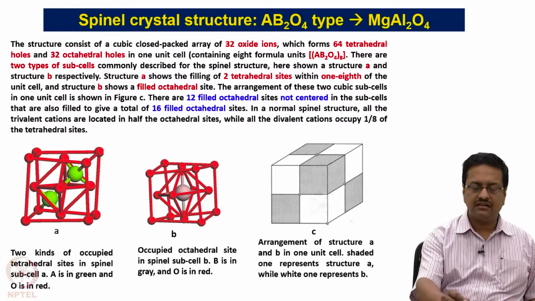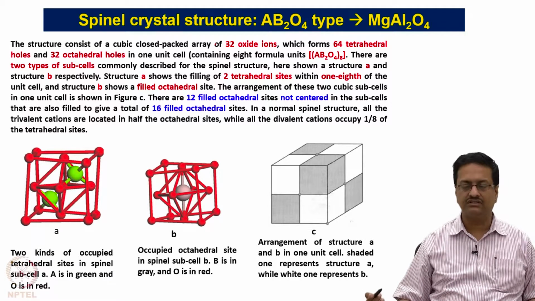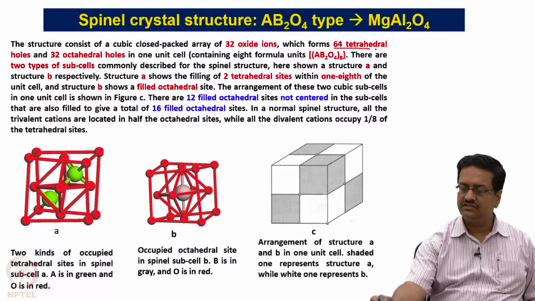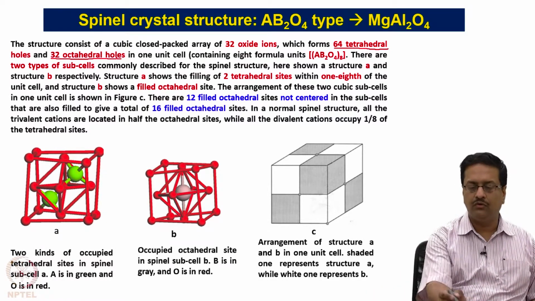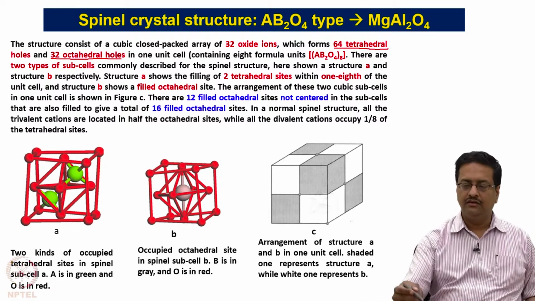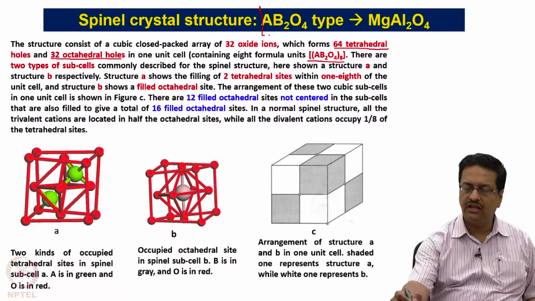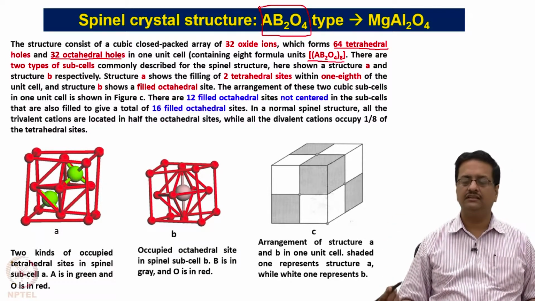The structure consists of a cubic close packed array of 32 oxide ions, which forms 64 tetrahedral holes and 32 octahedral holes in one unit cell containing 8 formula units. That is, this is the formula unit which we are talking about. 8 such formula units are present in one unit cell.